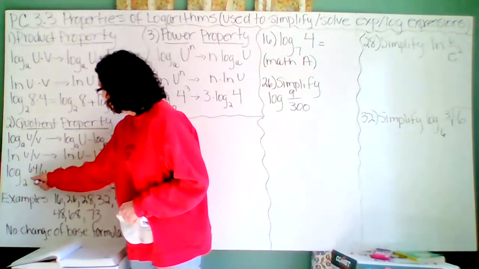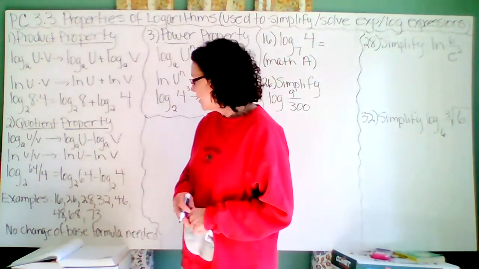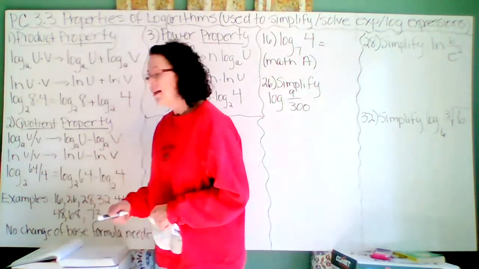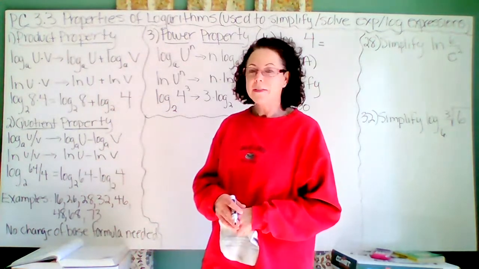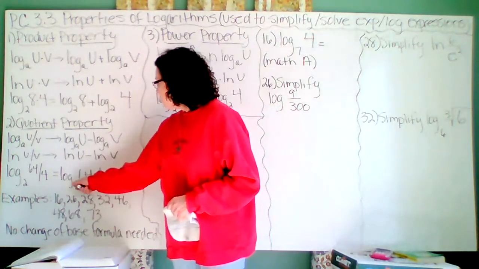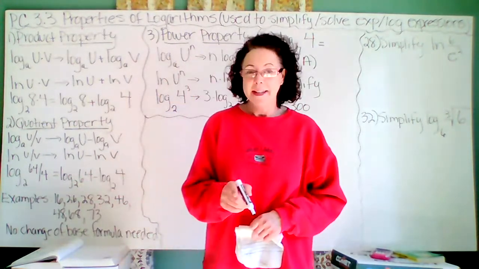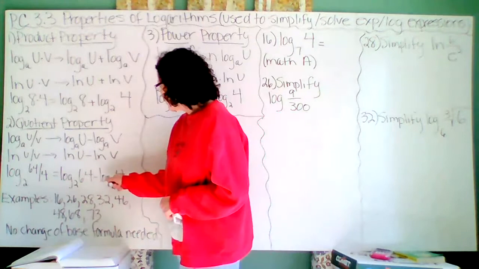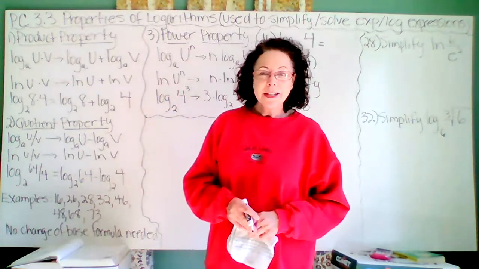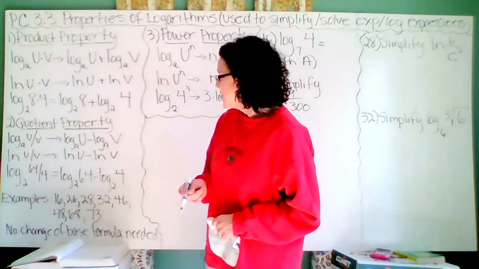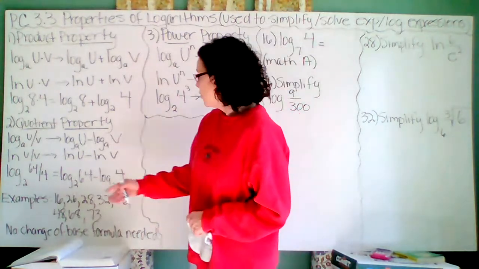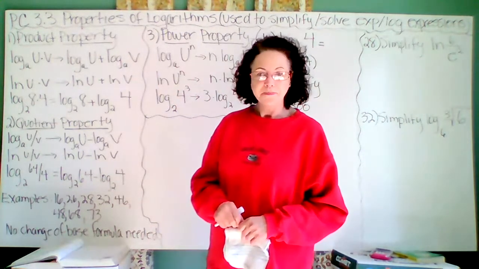So 64 divided by 4 is 16, and log base 2 of 16 is 4. So the left-hand side is 4. Log base 2 of 64 is 6, minus log base 2 of 4, which is 2, and 6 minus 2 again is 4. So an example showing this is true.